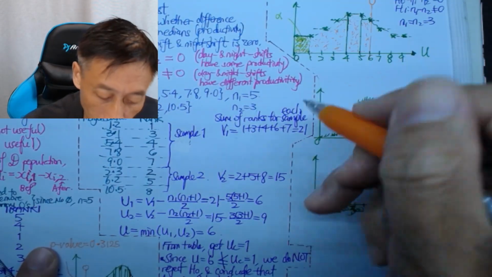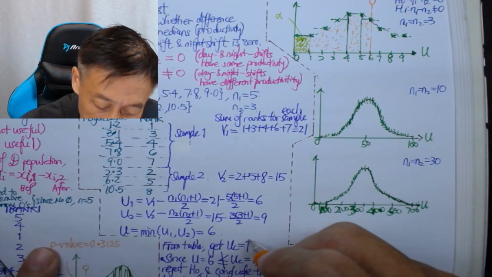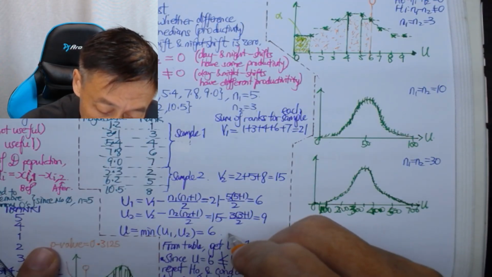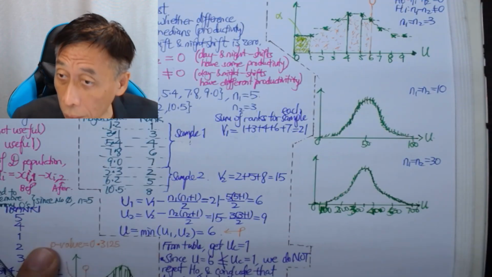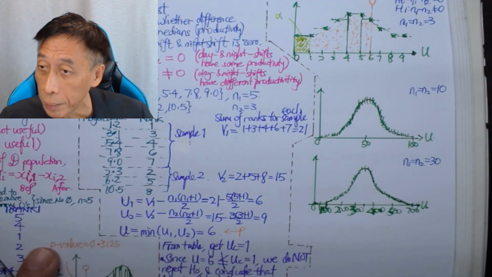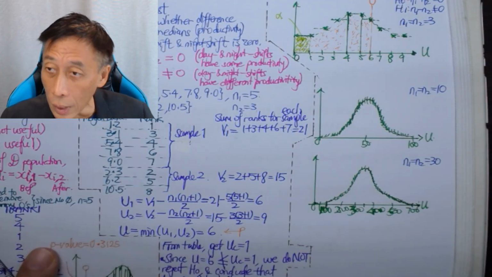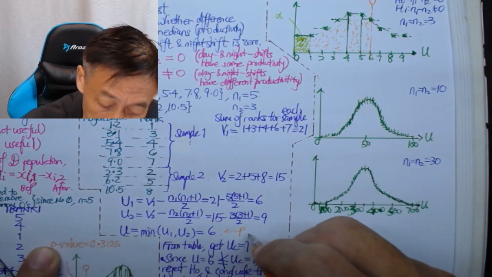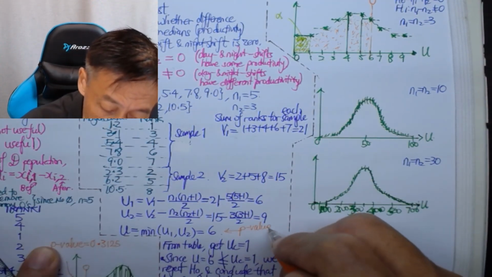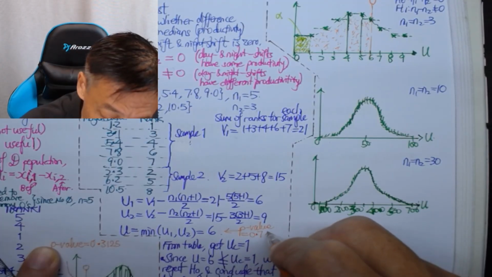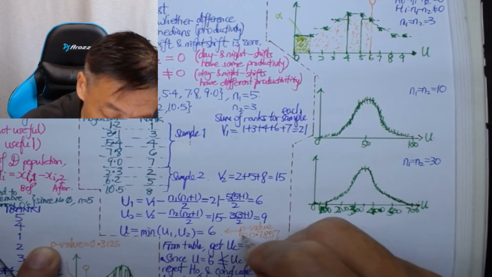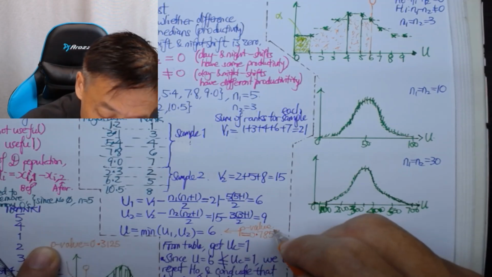So in the actual case, I used software to obtain the p-value, and the p-value I get is 0.7857. So not bad, an approximation.